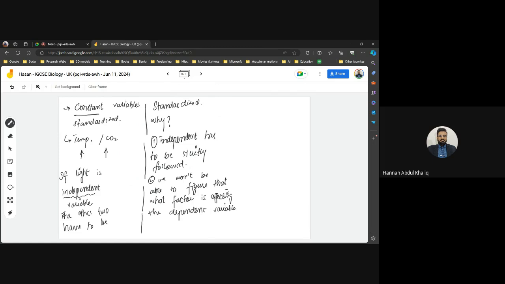And number three, it would disturb our results, or you can also say accuracy. So that is why some factors have to be standardized or very much constant. That is the reason. Clear?